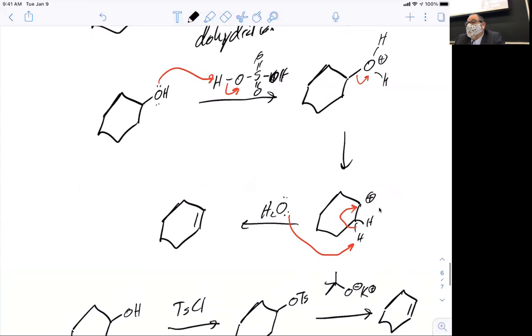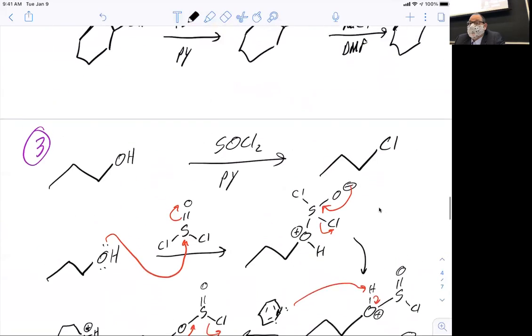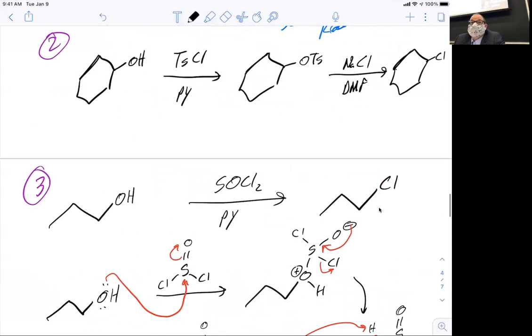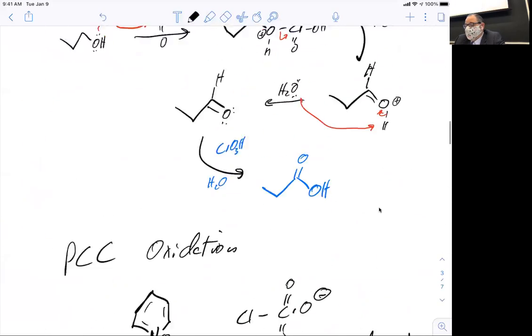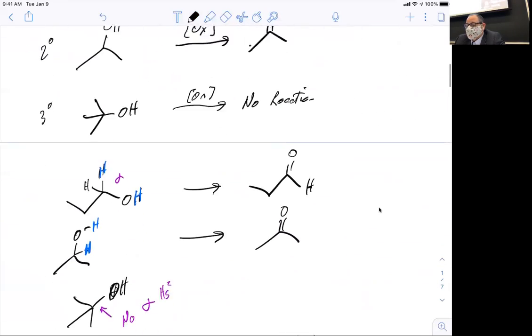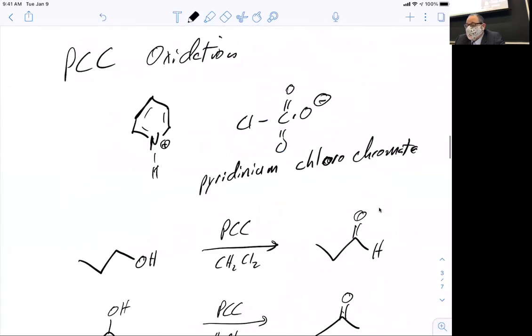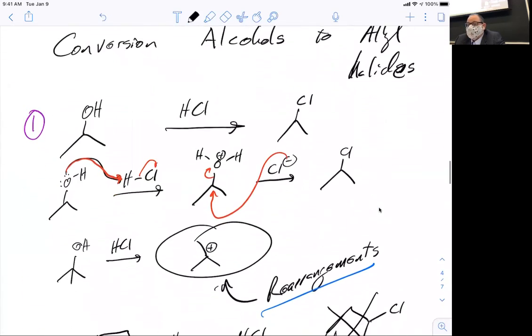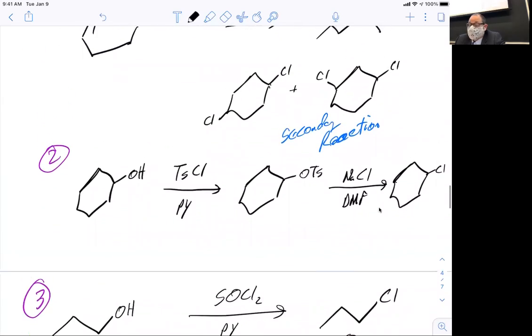Although we've shown a lot of reactions with alcohols, if you notice, the sodium borohydride and lithium aluminum hydride were new reactions. But today, the oxidations were new reactions. So there's a couple of new reactions there. The PCC was new, but this conversion of alcohols is an old reaction. This conversion of alcohols is an old reaction.